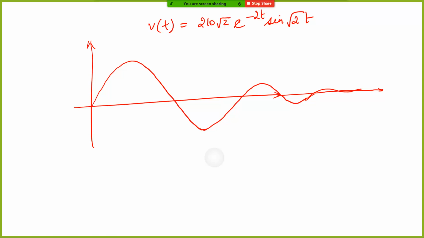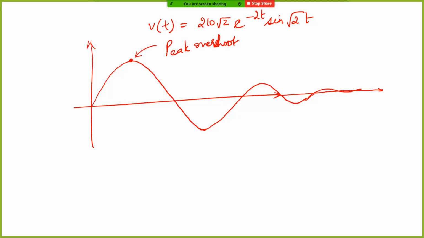Now, where and what is the value of this maximum? This maximum point is also called the peak overshoot. When we do the step response, that is the terminology that is used. What is the maximum value? How do you find it?